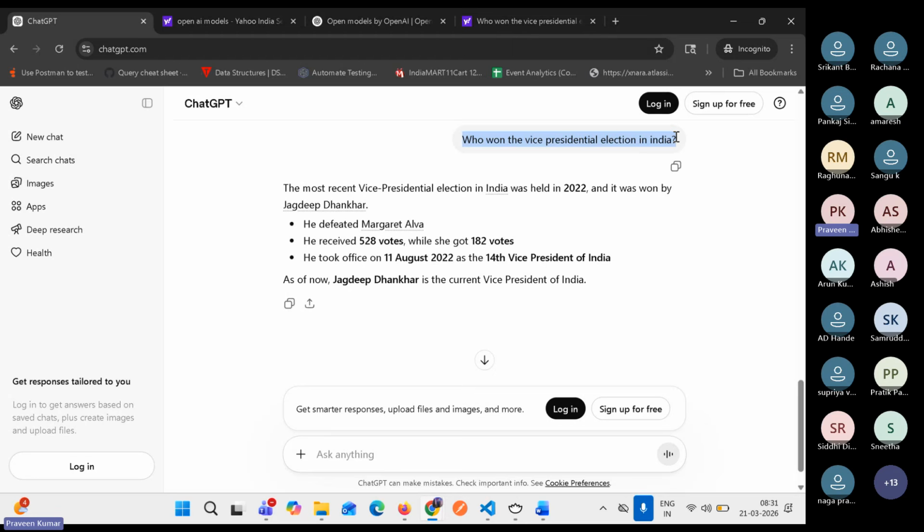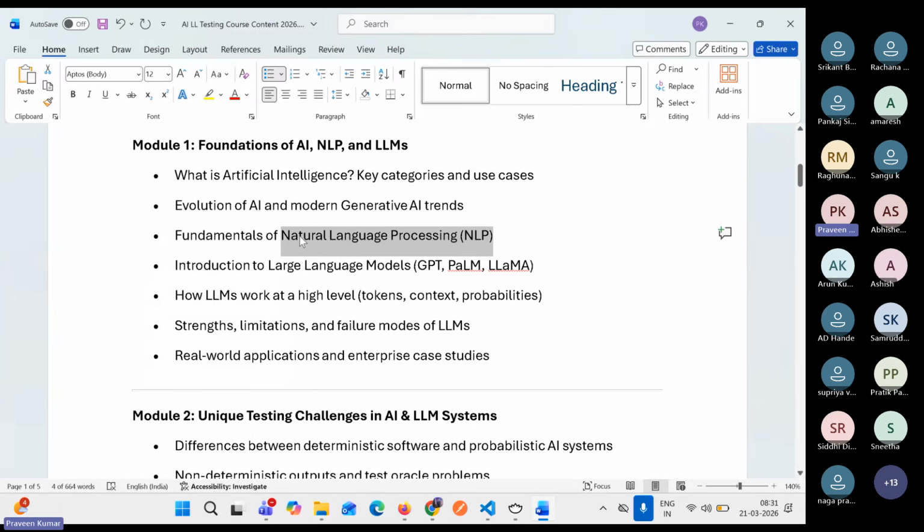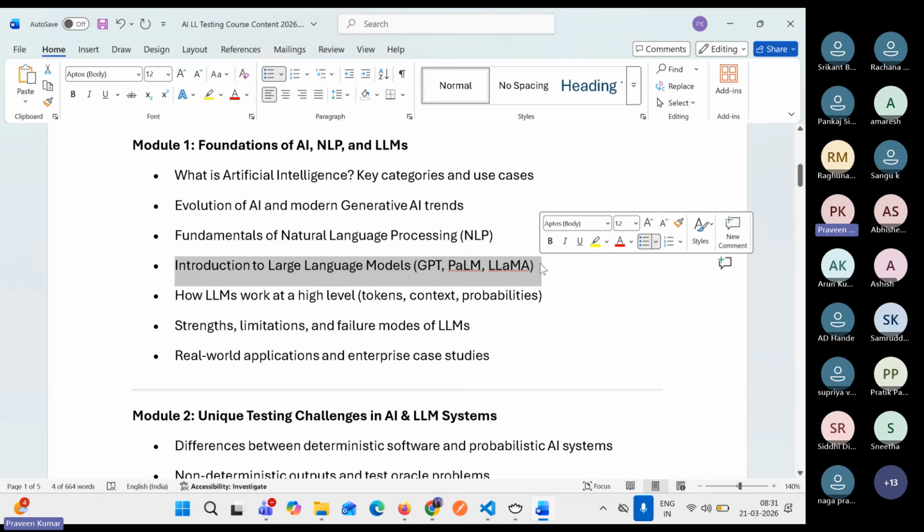But how does it internally work? We'll understand in a detailed manner how the architecture of an LLM works. Introduction to different types of large language models that have been developed by Google, Amazon, Meta, and many other organizations.